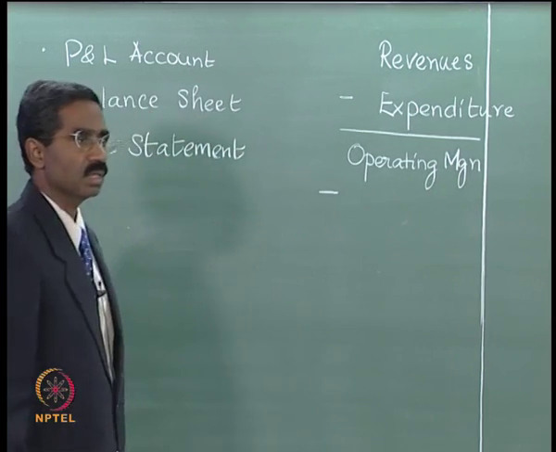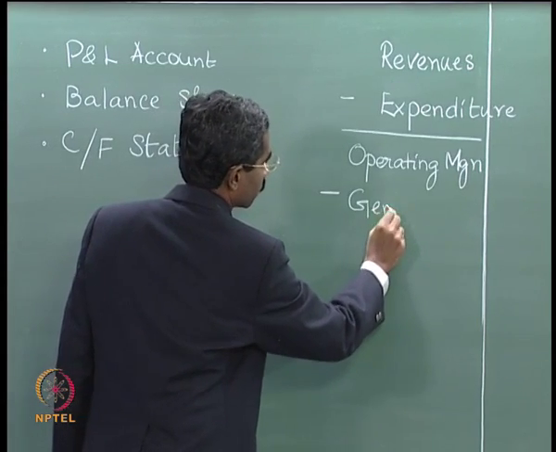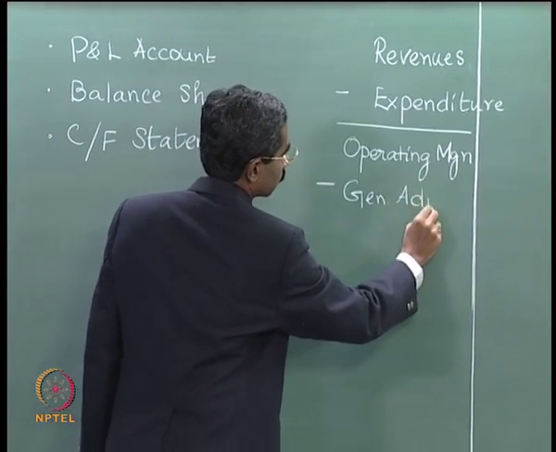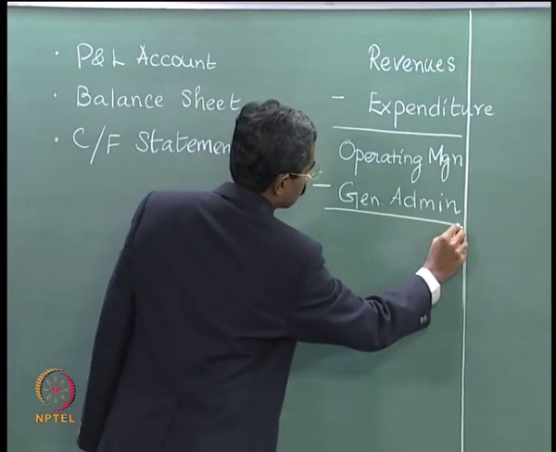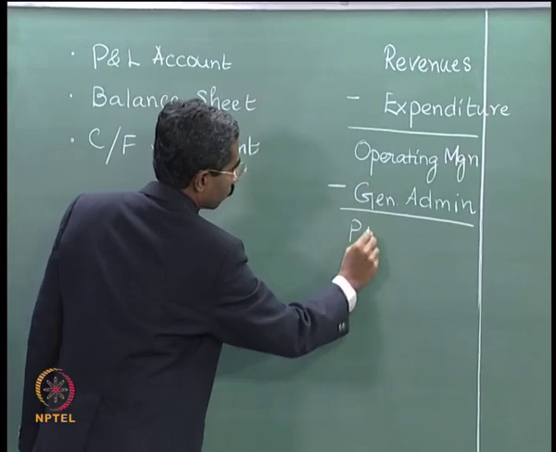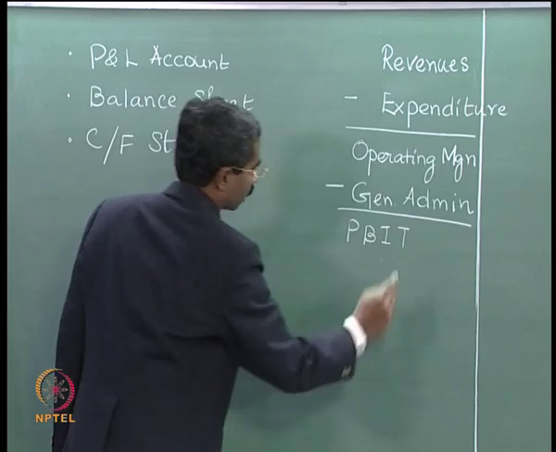Then the company incurred additional expenditures towards general administration, so this gives what is called your profit before interest and tax.